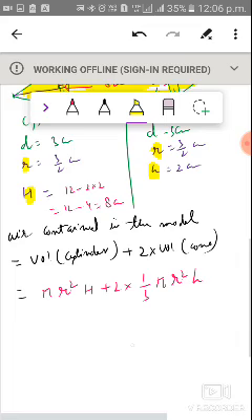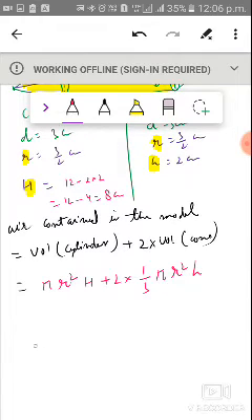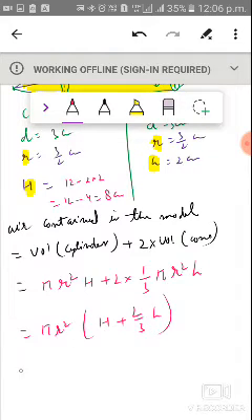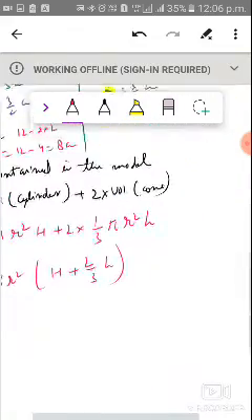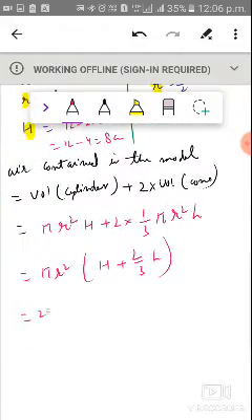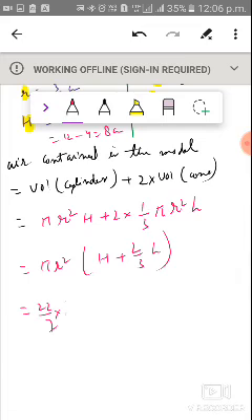Okay, so to solve it, what we can do, we can take common. So you can see pi r square is common in both. So taking pi r square common, so here H is left plus 2 by 3 and small h is left. Okay, so putting the value for pi, nothing is given, so we'll take 22 by 7 here, right? 22 by 7, and r, for both r is 3 by 2, so write 3 by 2 square means 3 by 2 into 3 by 2.